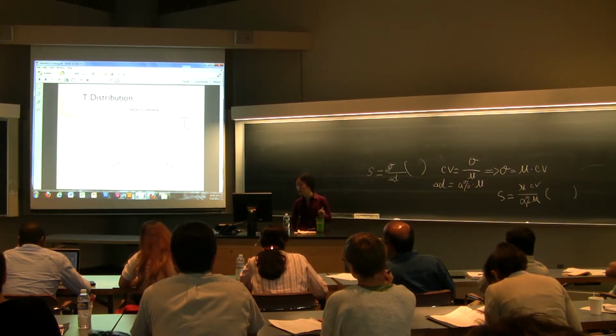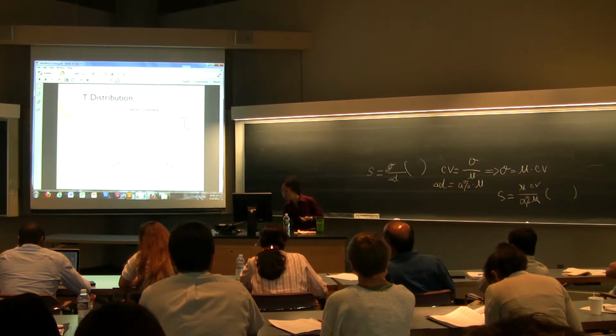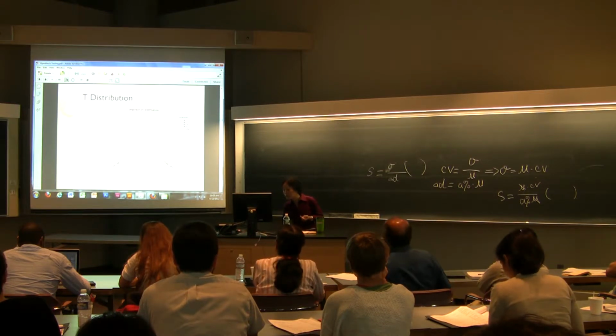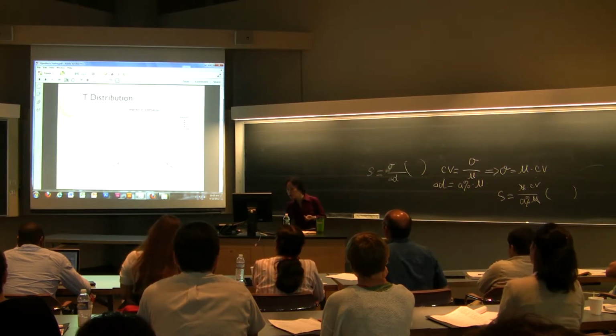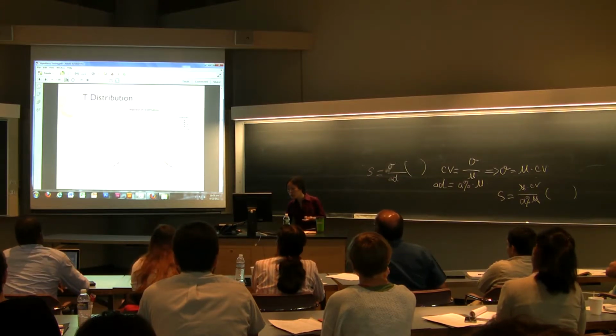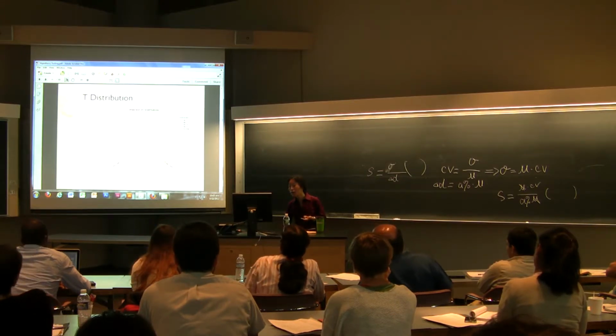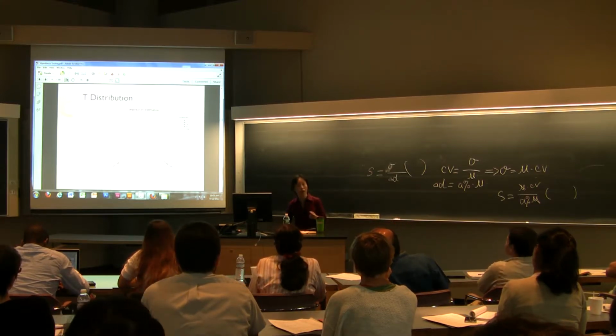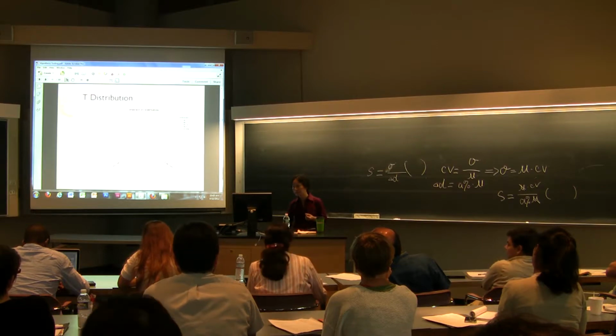For our example, the degree of freedom is 18, which is very close to the normal distribution, and so the critical value is very close to the critical value of the normal distribution.